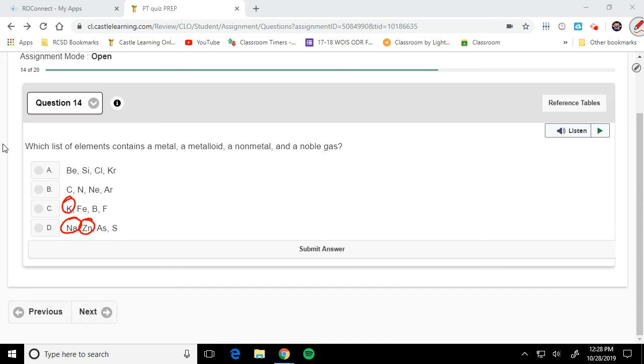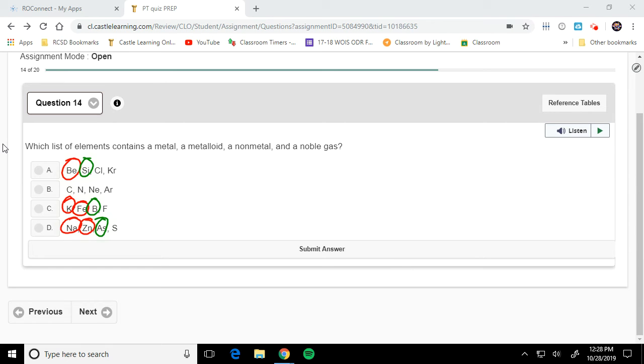Fe, B is a metalloid. Carbon, nope, those are all nonmetals. Be is a metal. All right, so there's all my metals. We do metalloids now in green. So Si is touching my staircase. None of these are touching my staircase. Boron is touching my staircase. And As is touching the staircase.